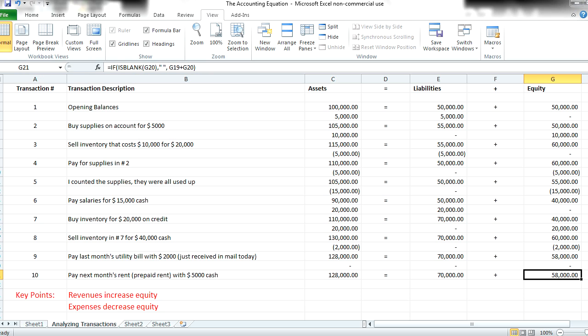And in fact, we can compare our ending equity balance to our beginning equity balance here, and we can tell that we must have had net income of $58,000 because that's how much our equity increased by. In fact, if you go through the problem, you record all of your revenues and expenses, you would end up with a net income of $8,000.